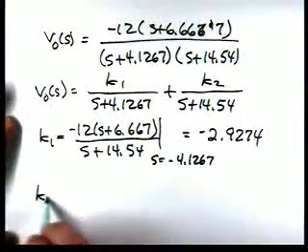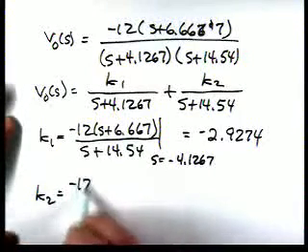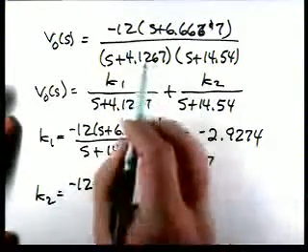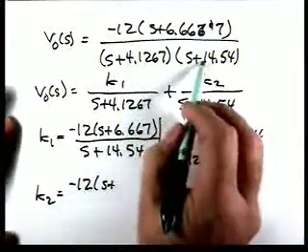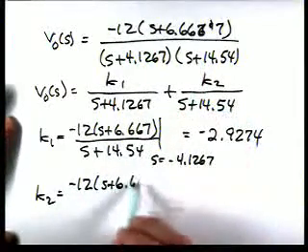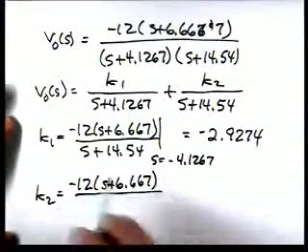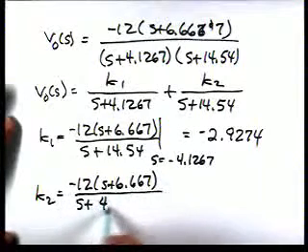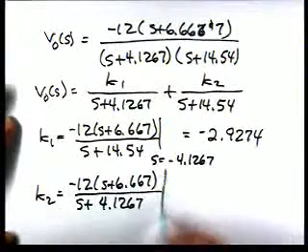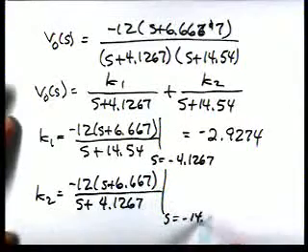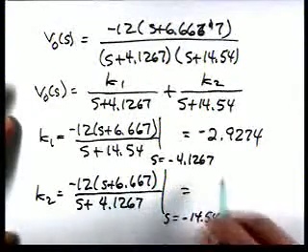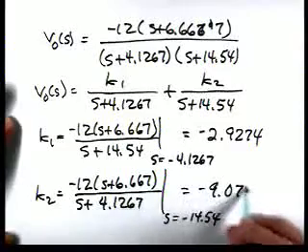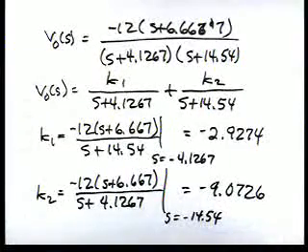And then K2, we multiply through by this term now, and we let S equal minus 14.54. That's minus 9.0726. So now we've completed the partial fraction expansion.